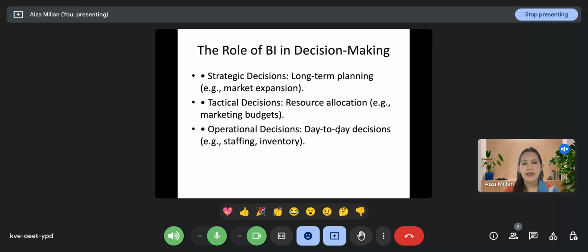Tactical decisions, this involves resource allocation, such as setting a budget for marketing campaigns. Operational decisions, these are everyday decisions, like restocking inventory or scheduling staff.